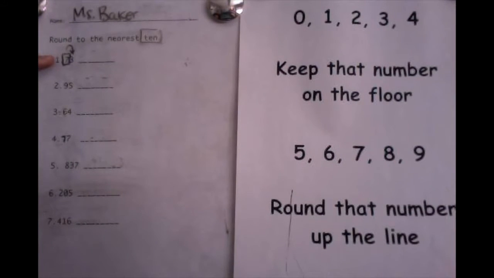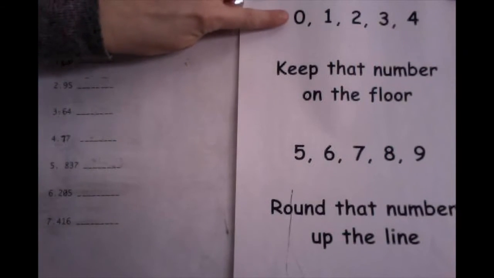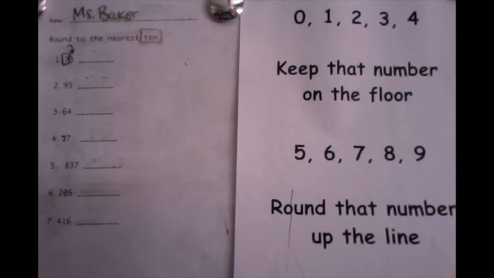Is the number 3 0, 1, 2, 3, 4? Keep that number on the floor. Or 5, 6, 7, 8, 9? Round that number up the line. Right, that's over here in the keep the number on the floor. So remember, this bossy little number is going to tell this number to stay on the floor, which means it's going to stay the same.